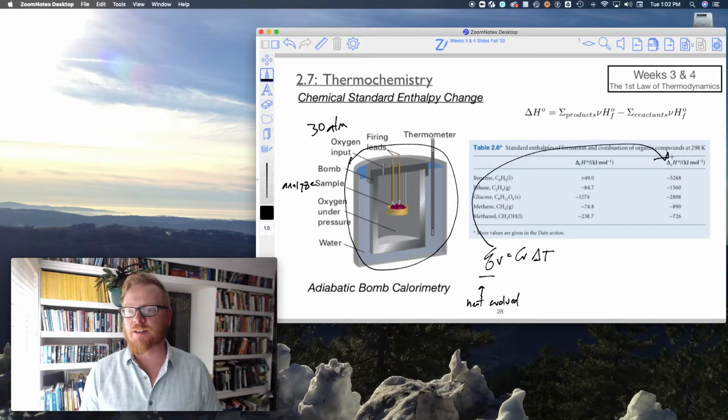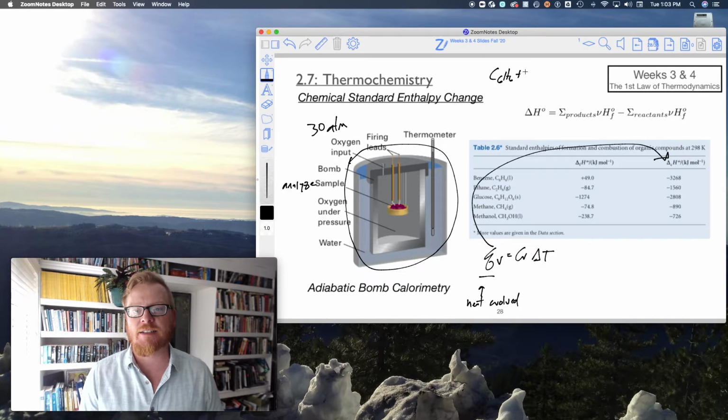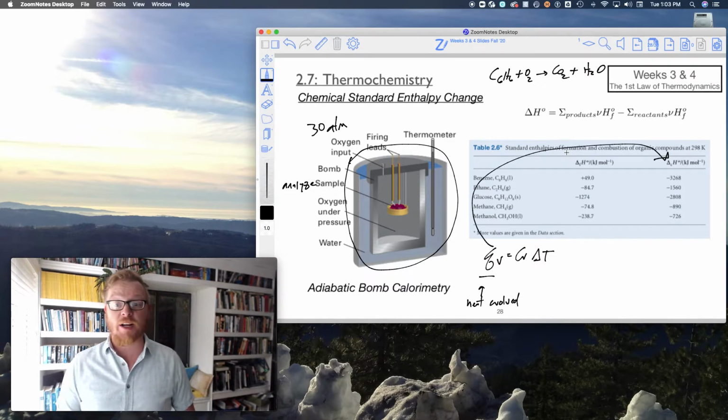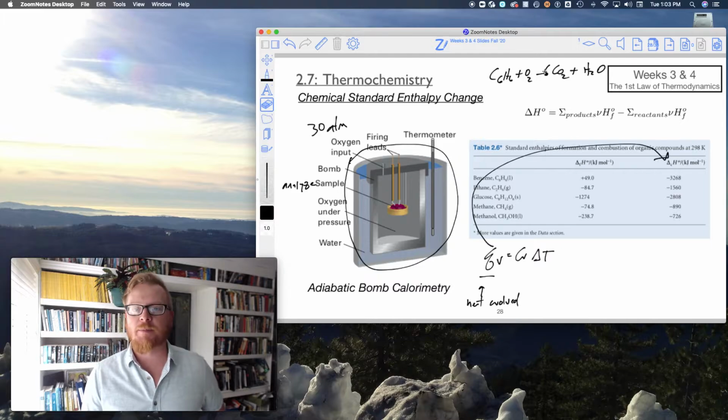So these are delta C H, that's the heat of combustion. So for benzene, you see right there C6H6 plus O2, and we know it makes CO2 and H2O. It really does go to complete combustion because there's 30 atmospheres of oxygen pumped into this thing.